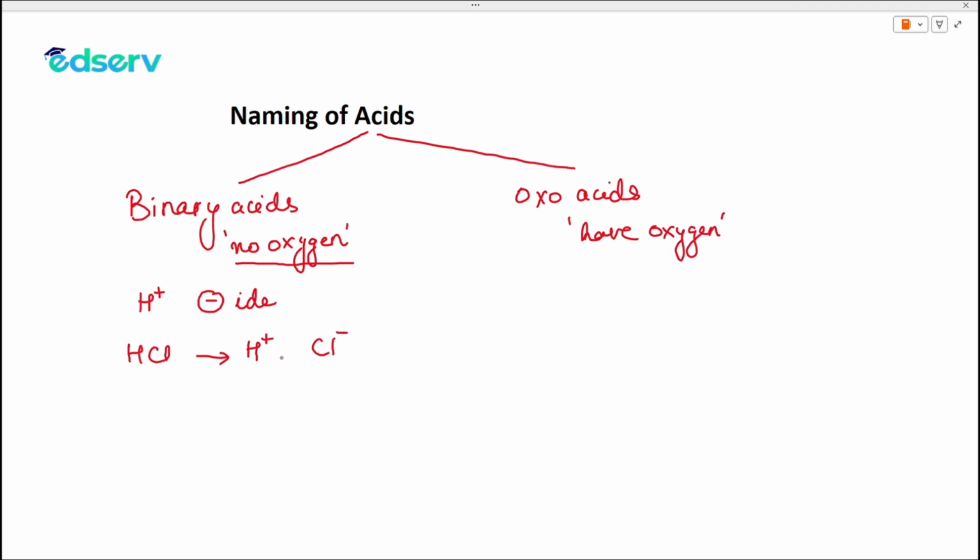Now, how to name it? If it is a binary acid, we always have to use a prefix, which is hydro. That's the first thing you have to do. And then we have to look into the negatively charged ion which is involved in the formation of this acid.